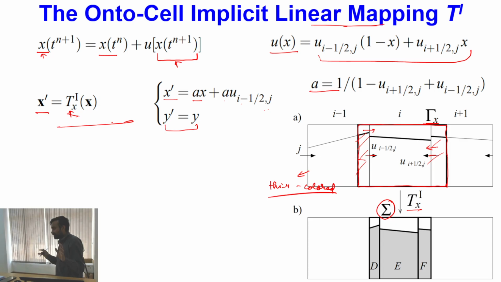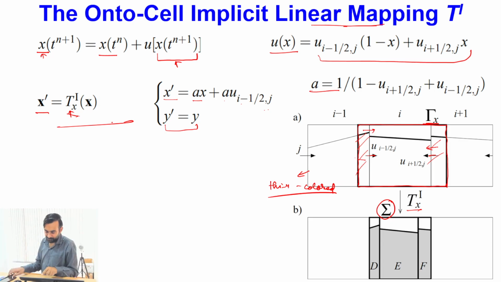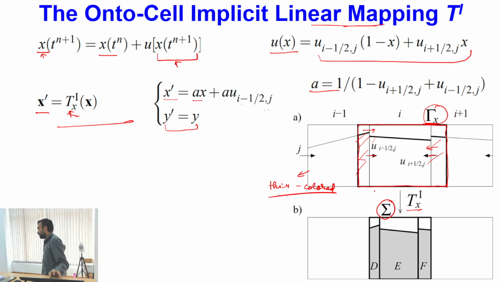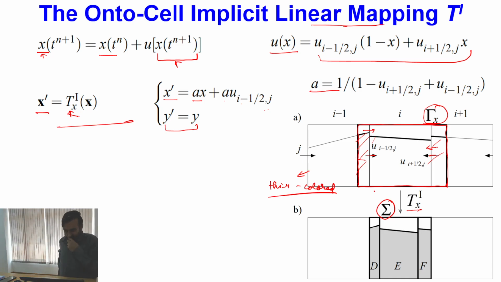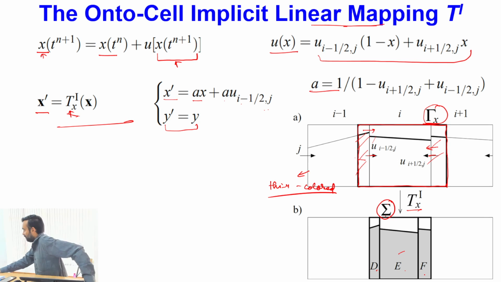The difference is that in explicit mapping, after we have obtained the gamma, we simply estimated this based on the velocity of the previous time step. But here, whenever we are transforming gamma to sigma, we are using the velocities known at the next time level. So this way we will be able to calculate the value of sigma, which is the total area, and inside this if I do the summation of D, E and F, then I will get the overall area.